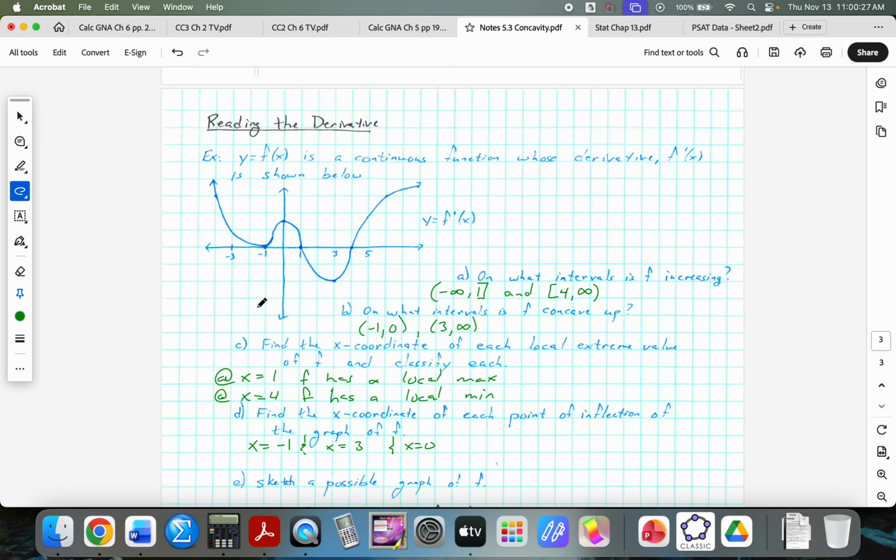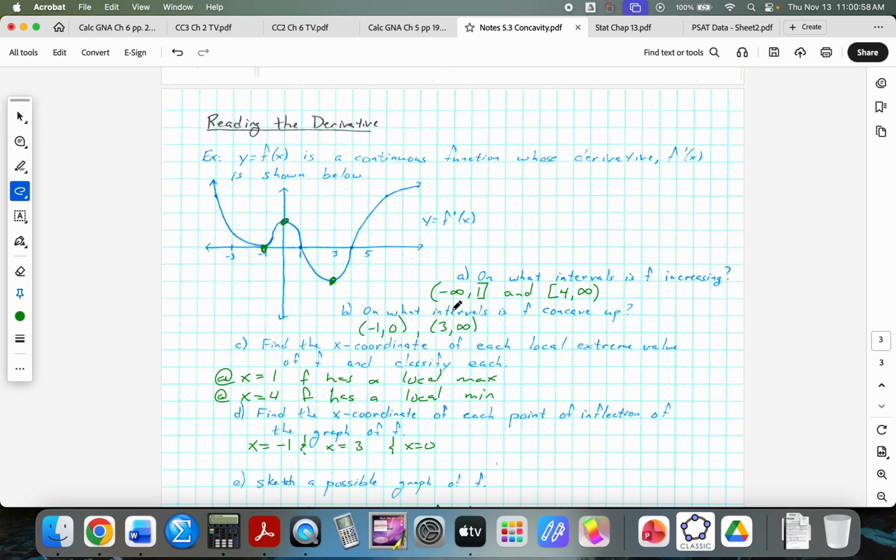Do you remember how a minute ago I said when you look at the point of inflection, it's where the graph is steepest, right? So steepness is measured by the derivative, yes? Yes. So where you have maximums and minimums on the graph of f prime is where you're going to have points of inflection on the graph of f.